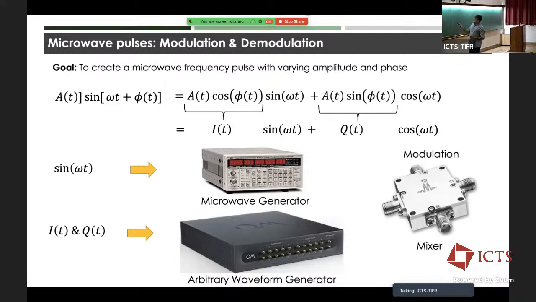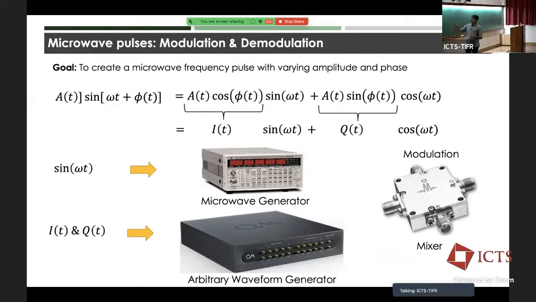Okay, now the same process can also be applied in reverse. So this we typically refer to as modulation or up conversion, where you're taking a low frequency signal and up converting into a high frequency signal. But you can do the same thing in reverse, where now you send your reference tone as always, but now the input signal comes into the R, and then I and Q give you the demodulated output.